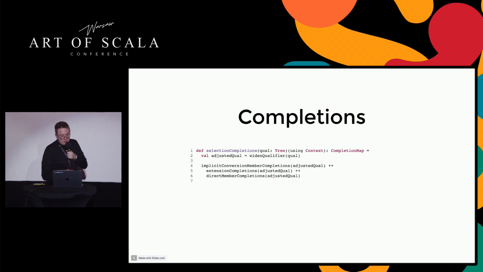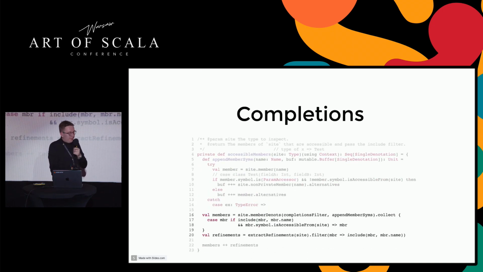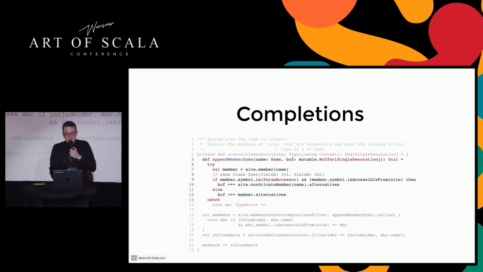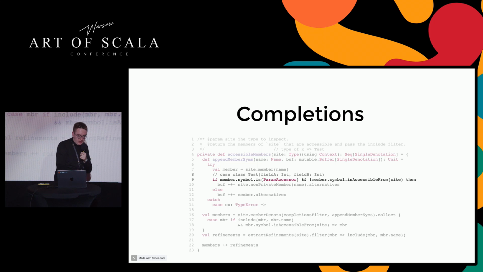So let's go into the last part, the direct member completions. In this method, we have the type of this x, and we collect all the members of x. And then we have to collect only those which interest us. So the first step would be getting this member, and then we have to check whether the symbol is param accessor.